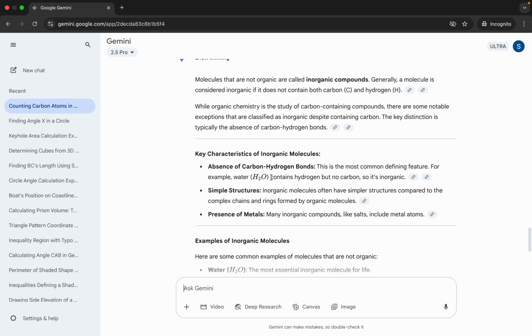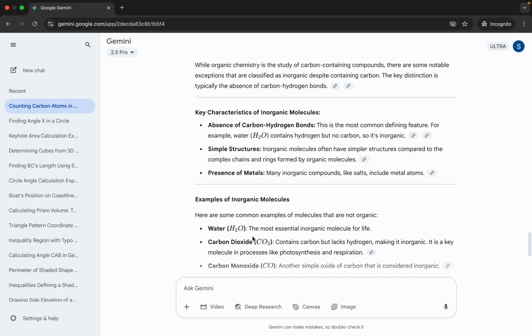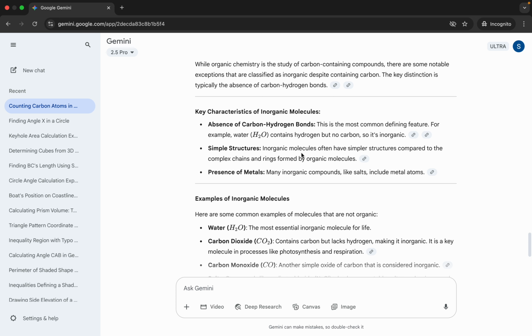For example, water, H2O, contains hydrogen but no carbon, so it is inorganic. Simple structure: inorganic molecules often have simple structures compared to the complex chains and rings formed by organic molecules. Presence of metals: many inorganic compounds like salts include metal atoms.